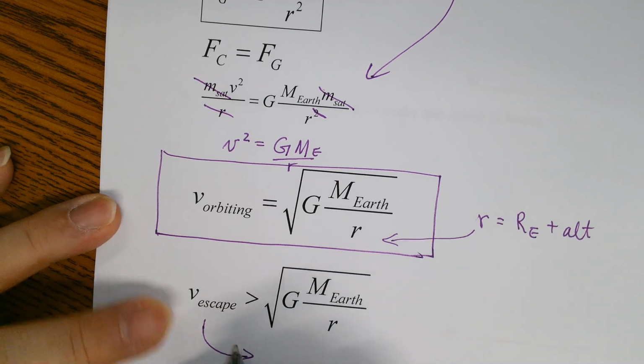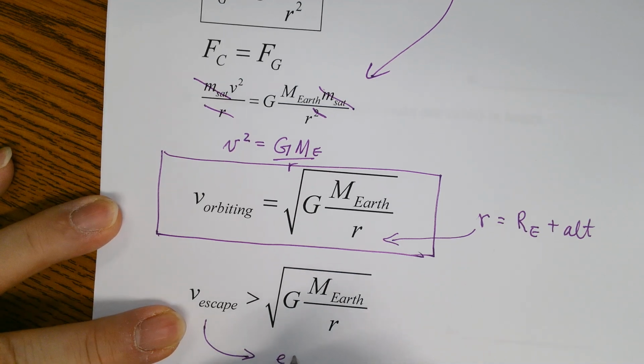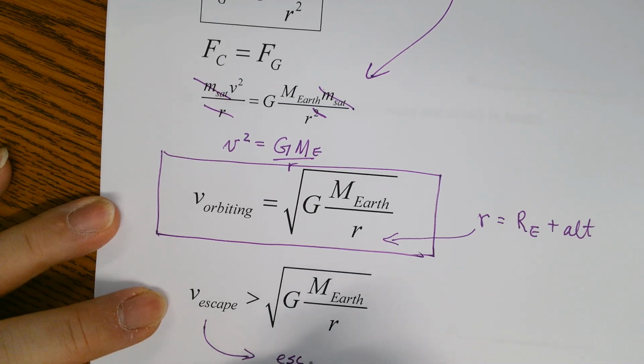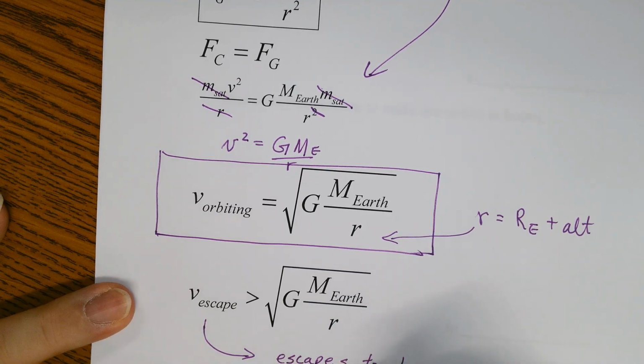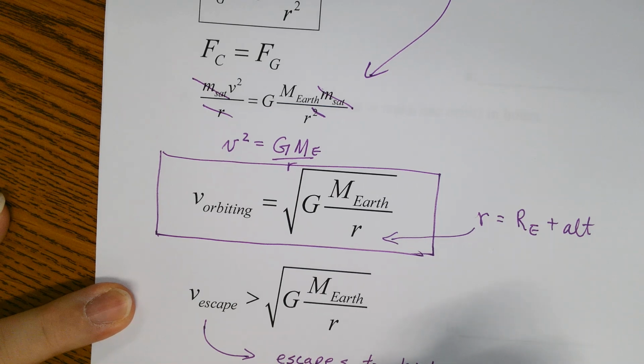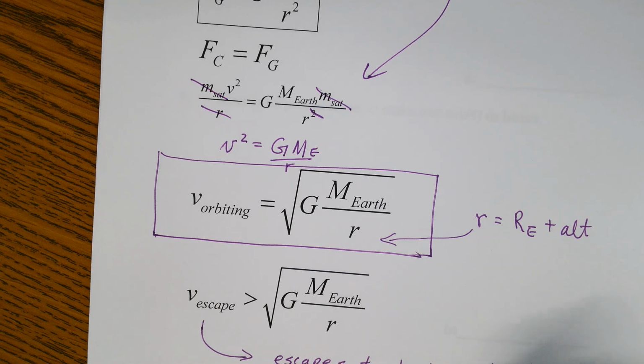So this escaping velocity escapes to a higher orbit or higher altitude. All right.